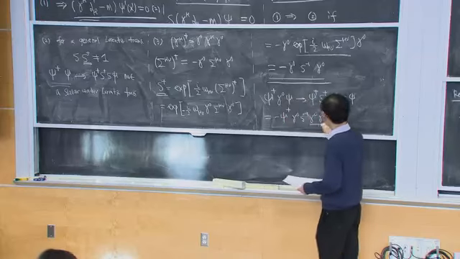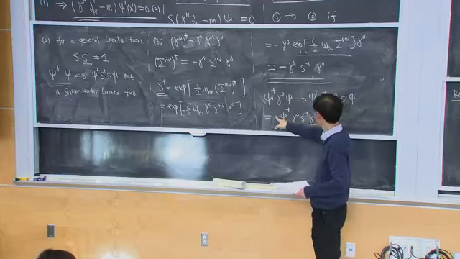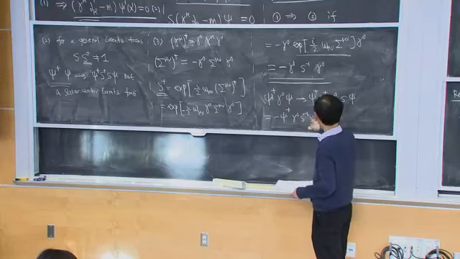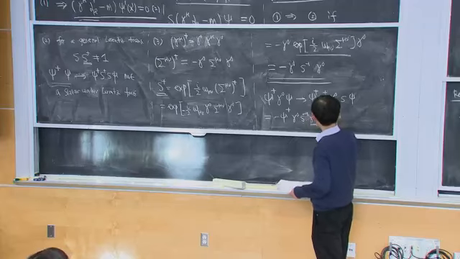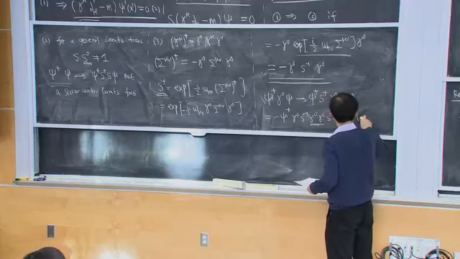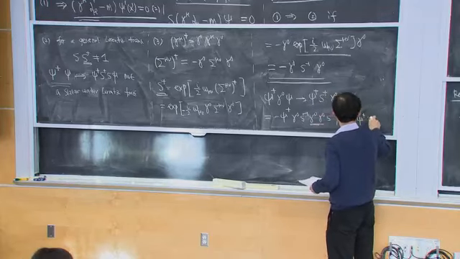So this gives you minus 1, which cancels with the 1 here, and then S minus 1 cancels with S. And then you have psi dagger gamma 0 psi. So this is actually Lorentz invariant.